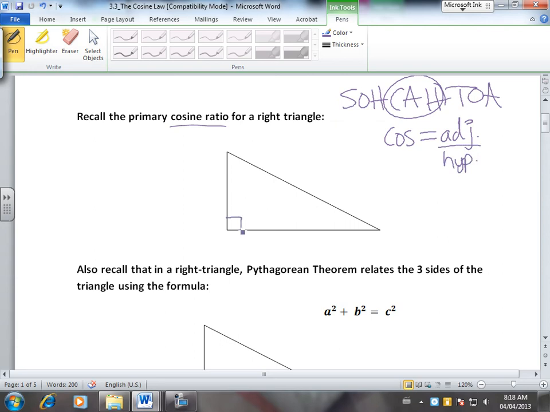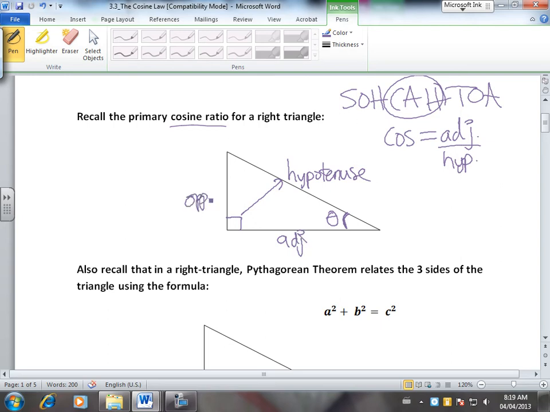Now when you look at your right angle triangle, your hypotenuse is always the same. It's always going to be the longest side opposite the right angle. And then your adjacent depends on which angle you're looking at. So if I look here at this angle, then my adjacent would be here, and my opposite is here.